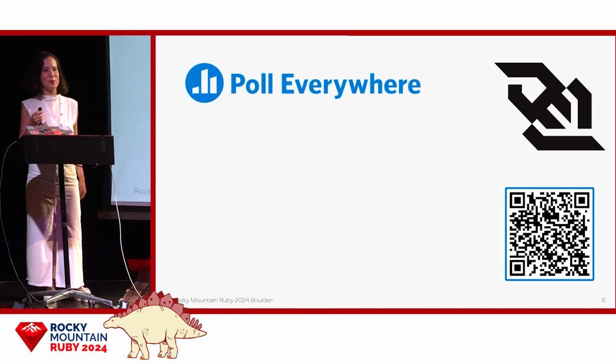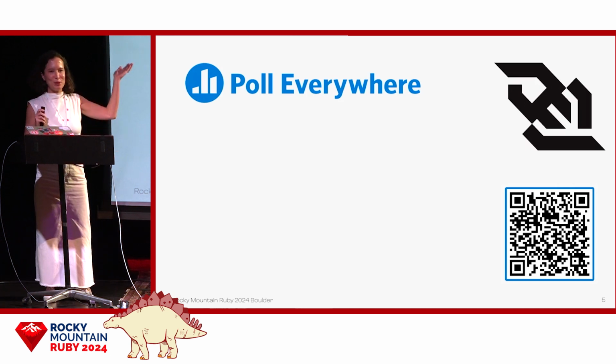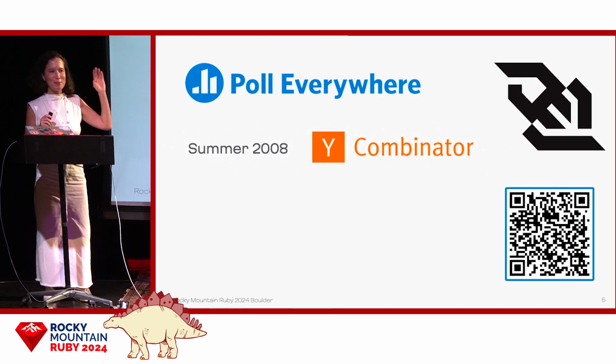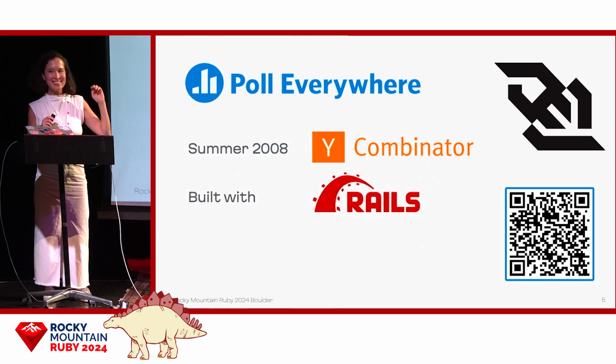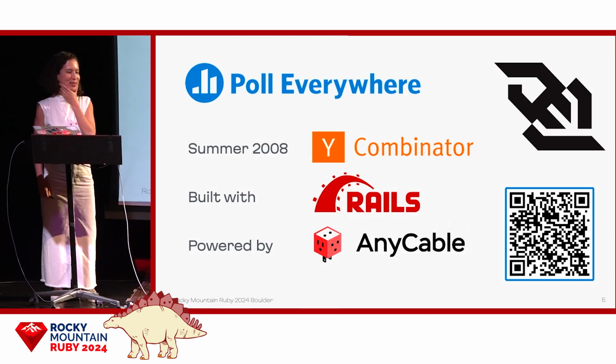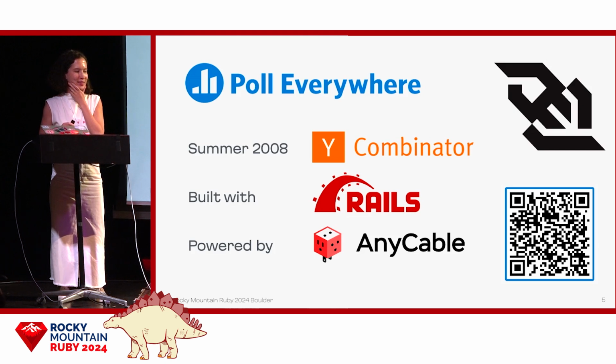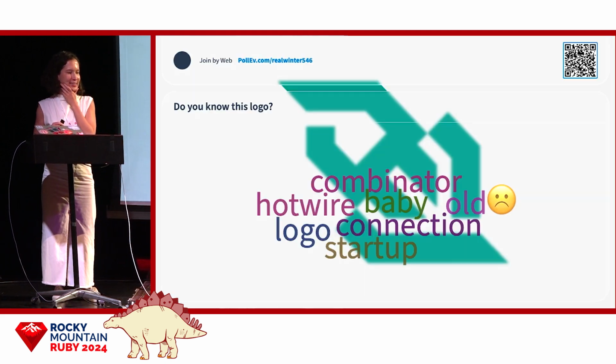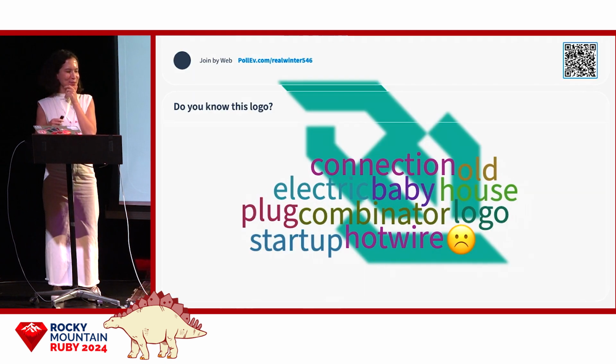We're trying to guess what it means. We're using this website, Poll Everywhere. It's a very old Y Combinator company built with Rails and powered by something called AnyCable that we're going to be talking about today. So let's see. All right, now you can send your responses in.